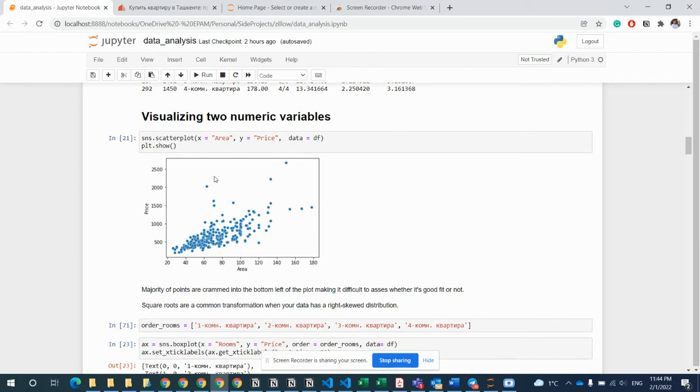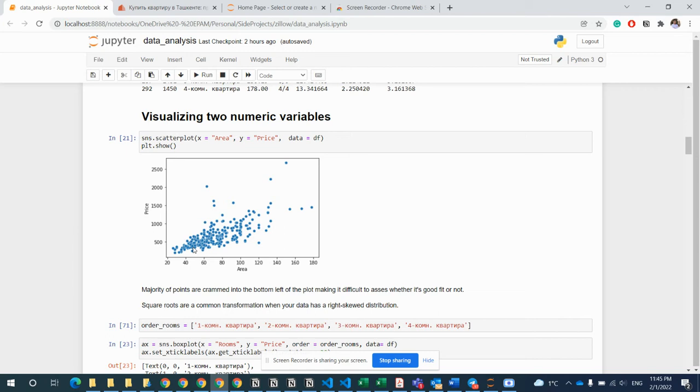What I did was I just tried to see in the scatter plot how area and price correlated. It's not a secret, it's super obvious that the higher the area is, the higher the price. But as you can see, most of the houses are located in this area where you have an area up to 120 meters square.